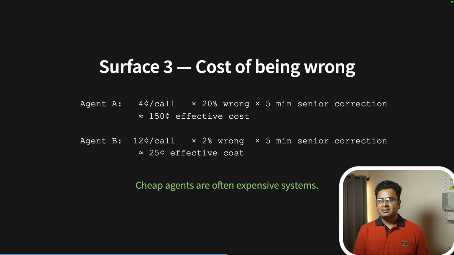Sometimes the right answer is a more expensive model or an extra verification pass, because the downstream cost of being wrong is much larger than the delta in the inference cost. Knowing when to spend more per call is a senior call. If you go for the reflex of optimizing for cheapest per call, that's a junior or mid-level move.